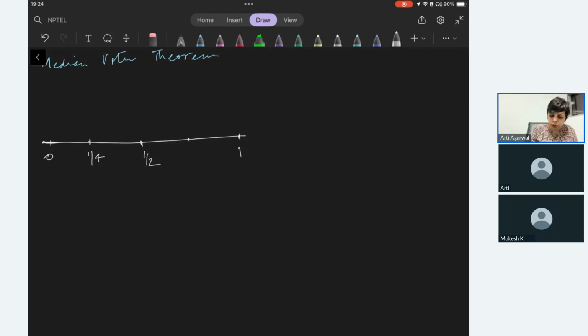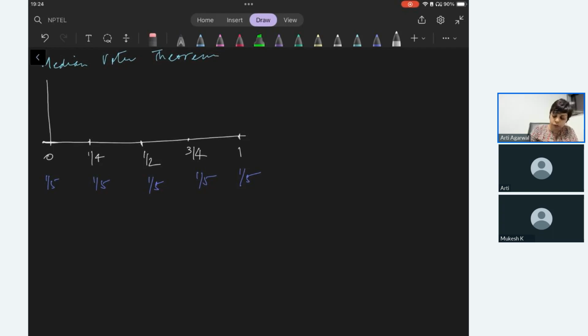And let me write down the populations in a different color. So you have 1 by 5 here, 1 by 5 here, 1 by 5 here. Total comes out to be 1. Okay. So these are all the policy positions.